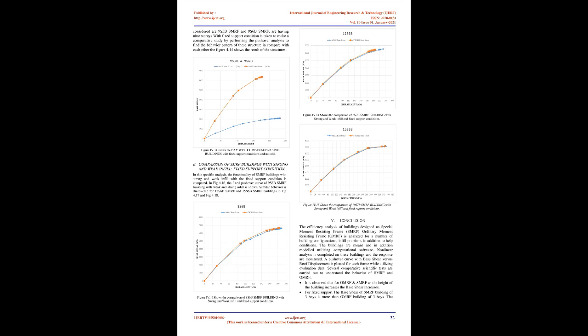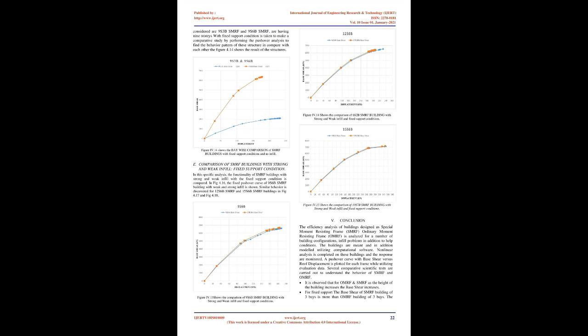For fixed support, the base shear of SMRF building of 6 bays is more than OMRF building of 6 bays. The percentage increase in base shear for SMRF is from 75% to 99%. For fixed support, when the bay width and story height are nearly equal, the roof displacement decreases for SMRF structure, and when the story height and bay width are unequal, then roof displacement increases.